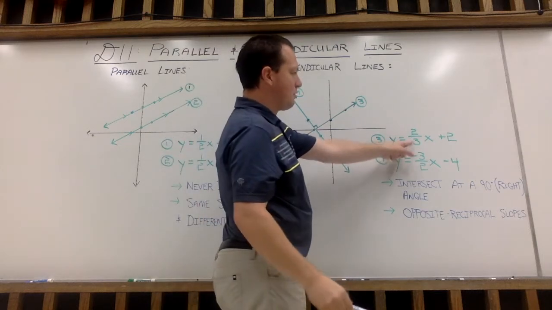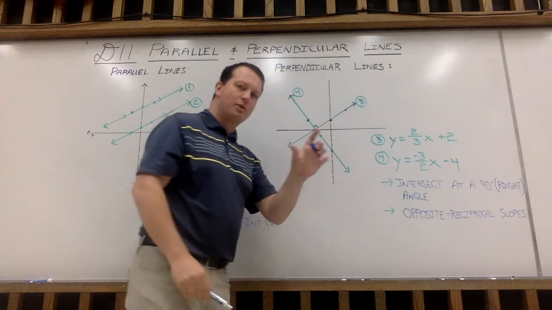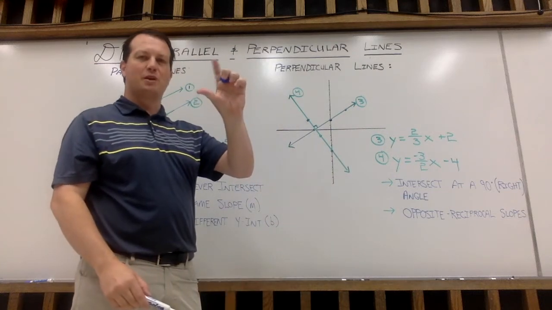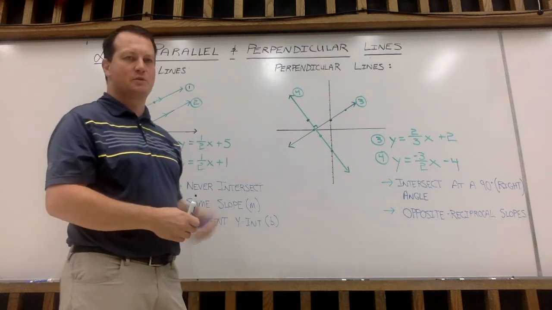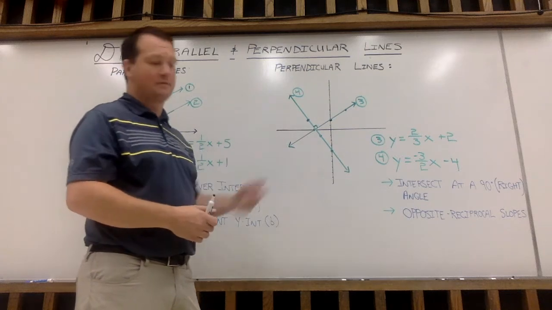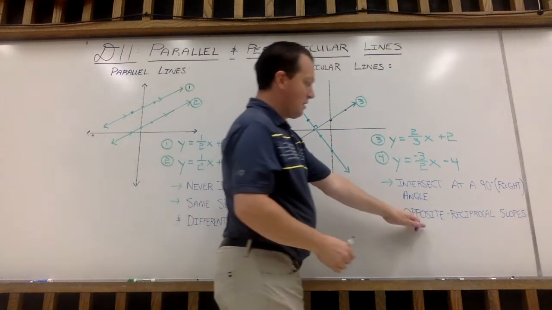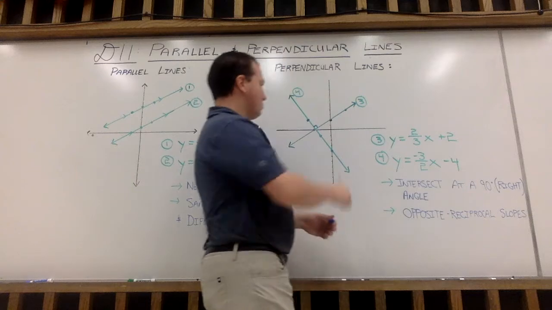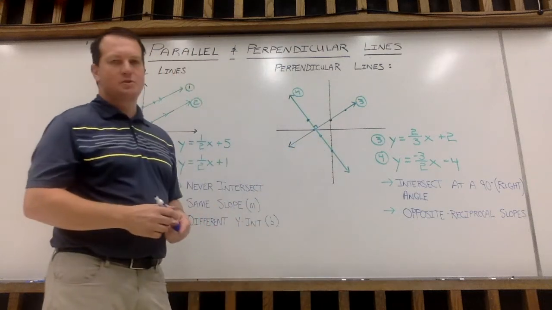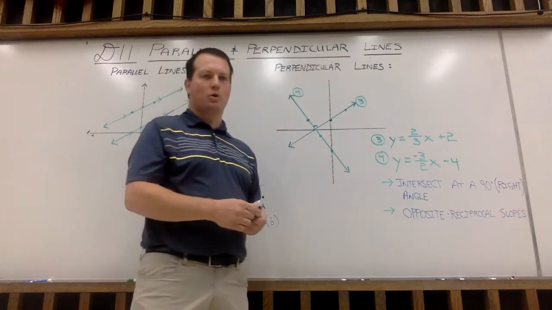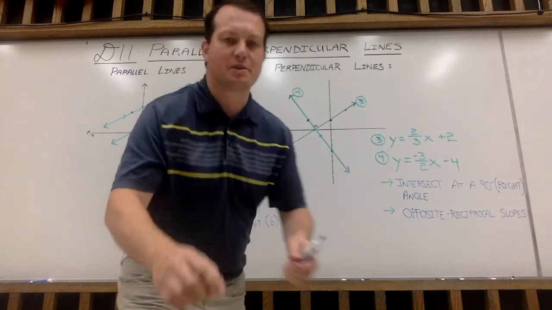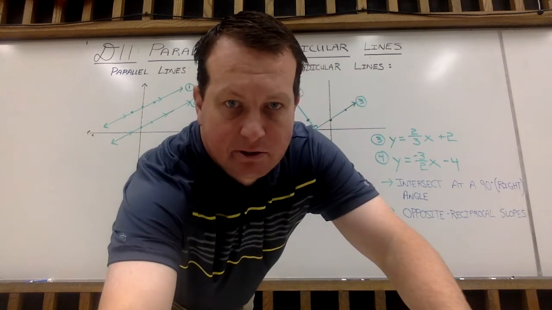So positive 2 over 3, negative 3 over 2, those slope values, the rise and run, are flipped, and the sign is changed from positive to negative or negative to positive. So opposite reciprocal slopes will cause your two lines to cross, intersect at a 90-degree or right angle. We're going to continue with writing some equations here shortly.